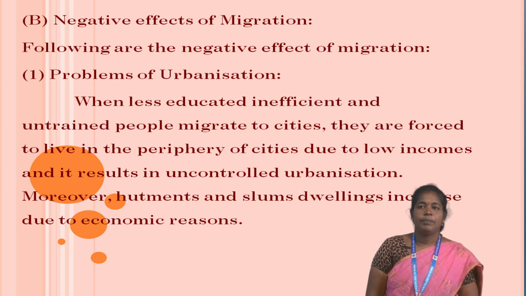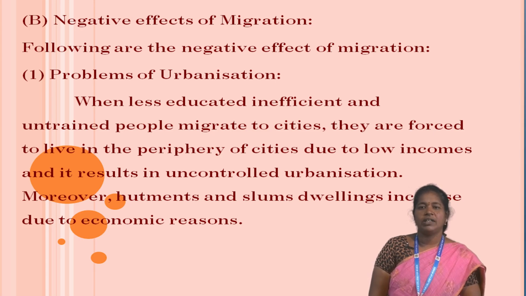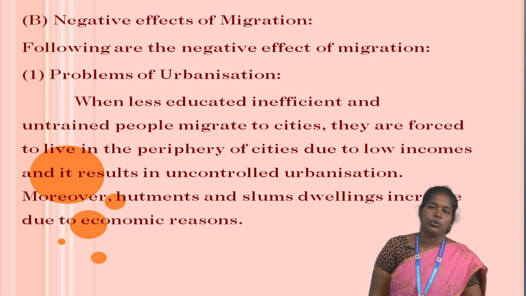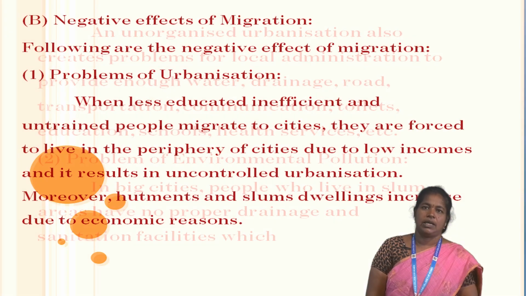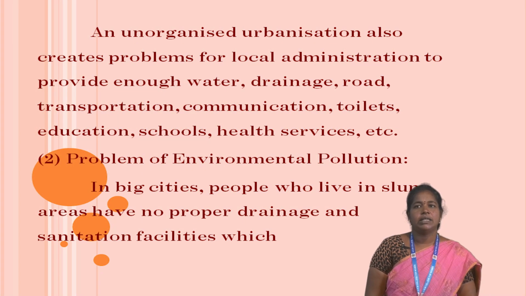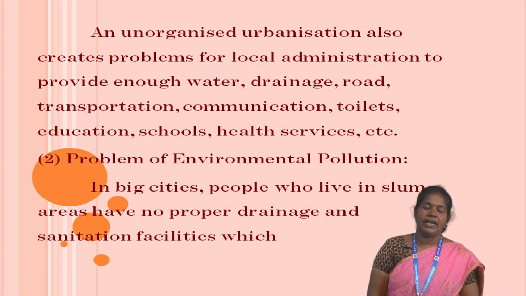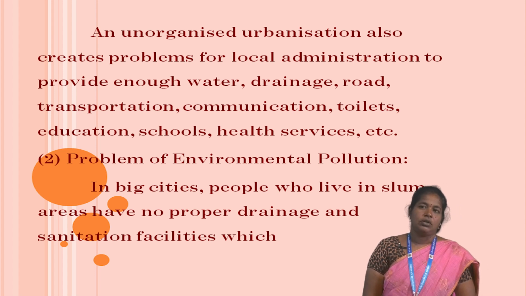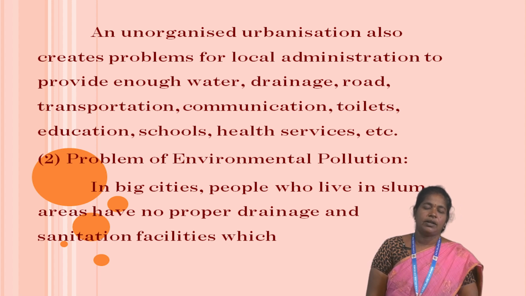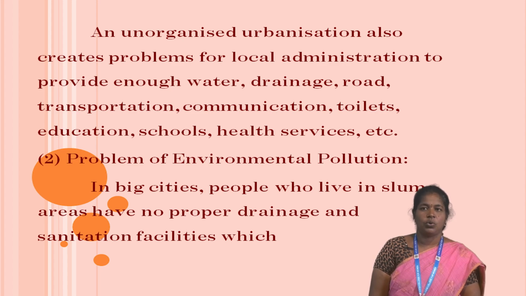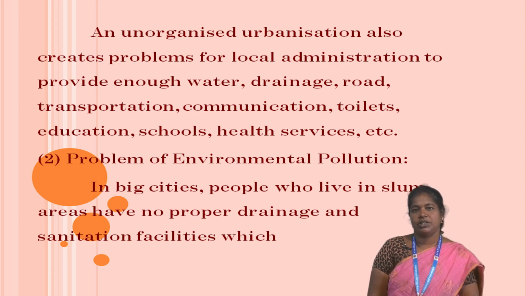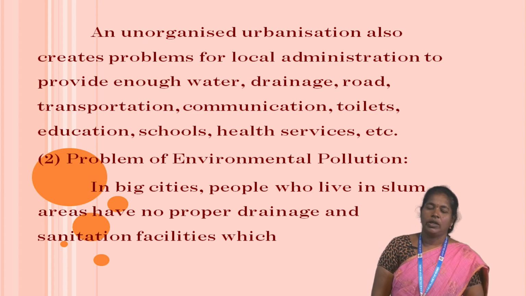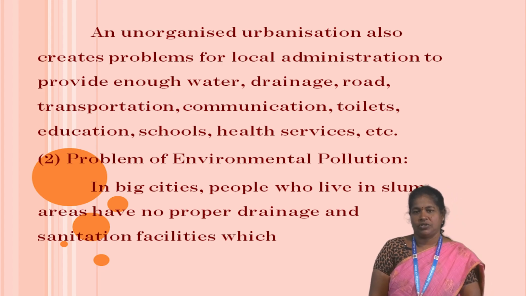Moreover, hutments and slum dwellings increase due to economic reasons. And unorganized urbanization also creates problems for local administrations to provide enough water, drainage facilities, road facilities, transport facilities, communication, toilets, education facilities, schools, health services, etc.